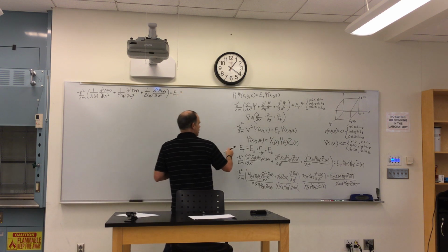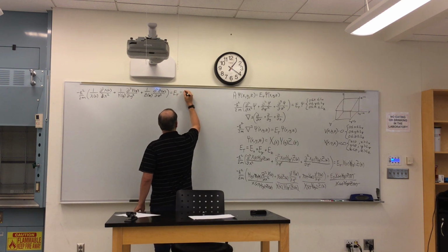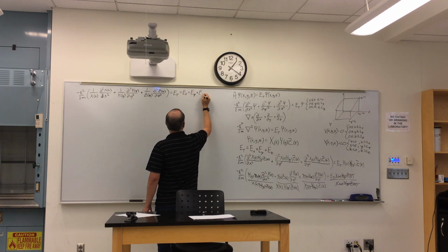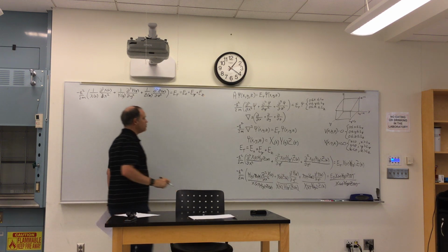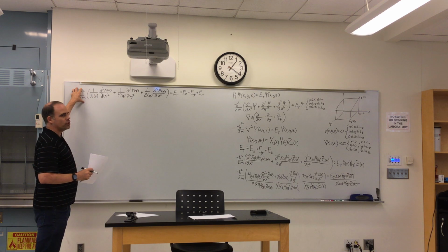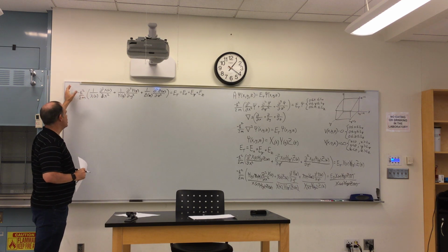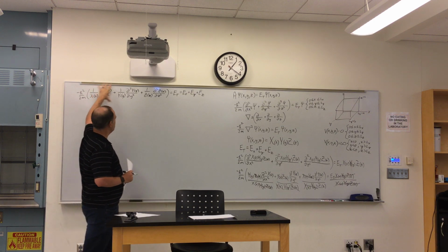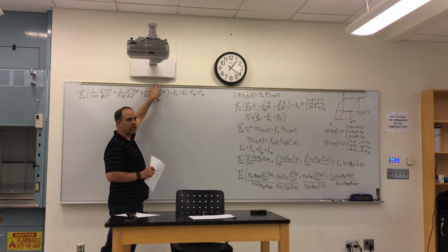We already said here that energy total is equal to energy of the x plus energy of the y plus energy of the z. This part here, once we distribute the minus h bar squared over m into each thing, this is your x energy, that's your y energy, that's your z energy.